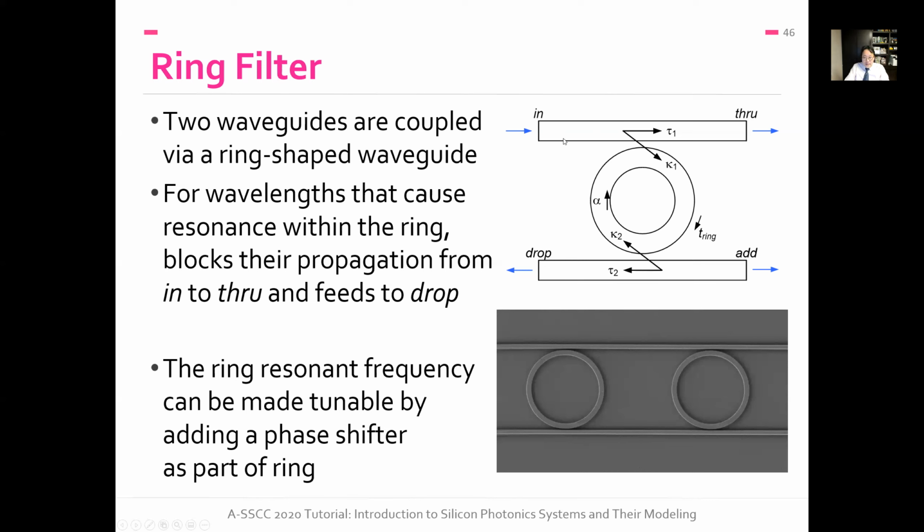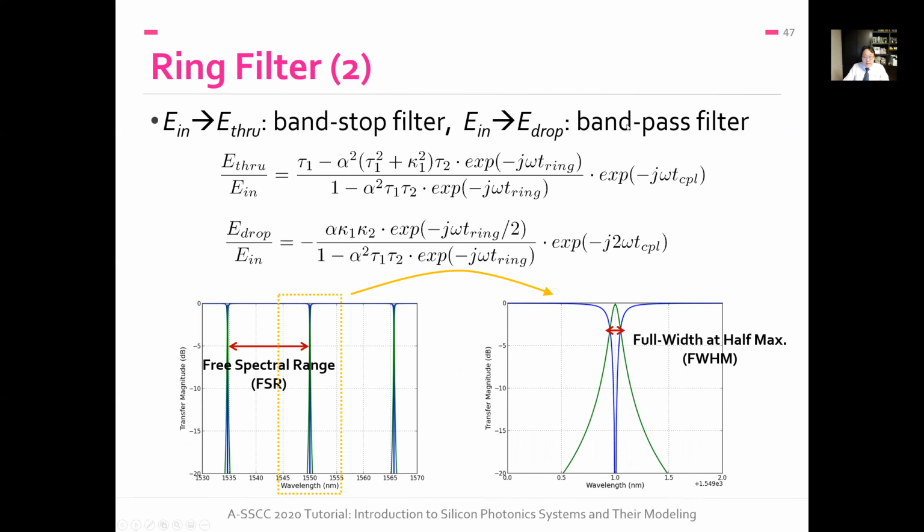But if you look at the transfer function from the input port to the drop port, then it's a band pass filter because it will only select a certain wavelength and propagate that to the drop port. So you have kind of the opposite transfer functions for those two port pairs, but they share the same free spectral range because they are all determined by the ring resonance condition, and they also have the same full width at half maximum value, basically the same Q factor.